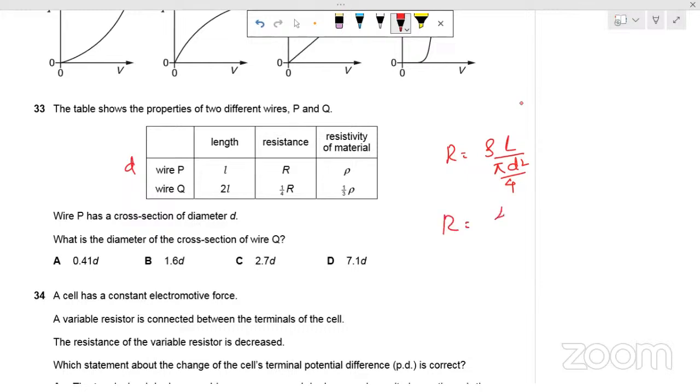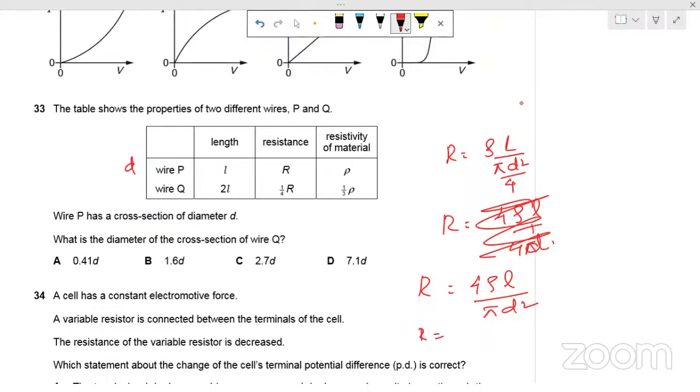Resistance is 4 rho L by pi D square. So what is the resistance of the wire P? R. What is the resistivity? Rho. What is length? L, and pi D square.